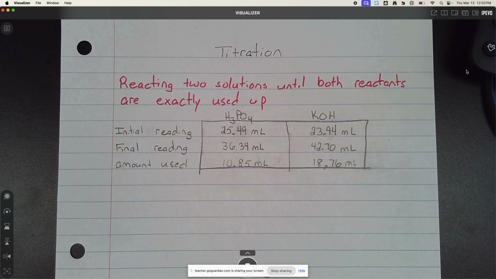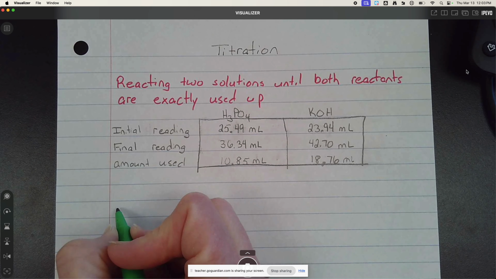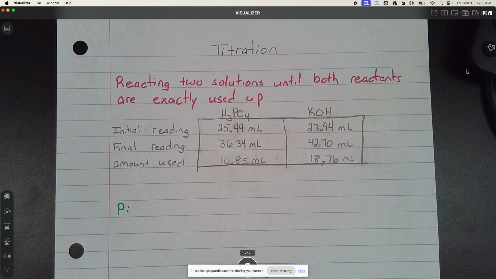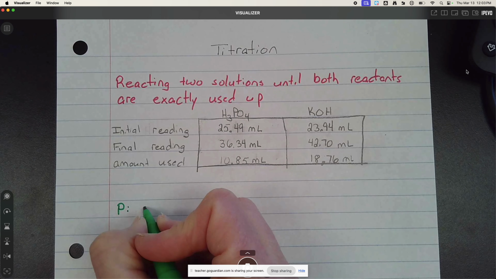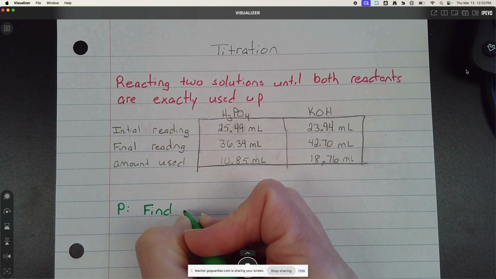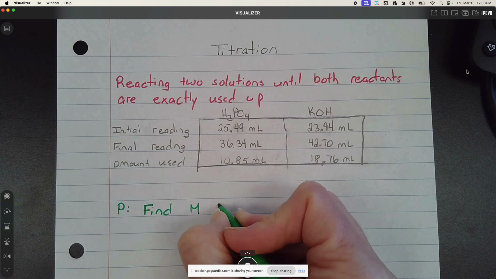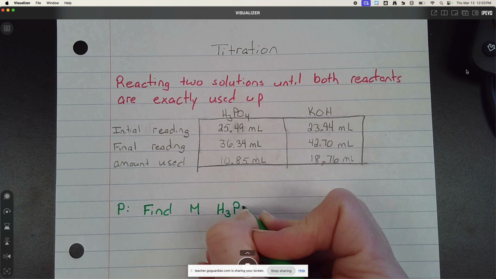The next step is knowing what to do once you've got these two volumes. So now we're going to start plugging our way through some calculations. The nature of the problem here is that we had to find the molarity of the H3PO4.